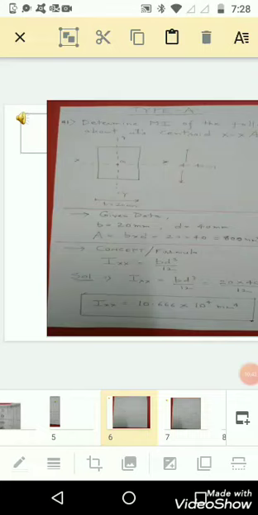Ixx, moment of inertia about the x-axis, that is its resistance about the x-axis. Its formula is given as BD cube by 12.